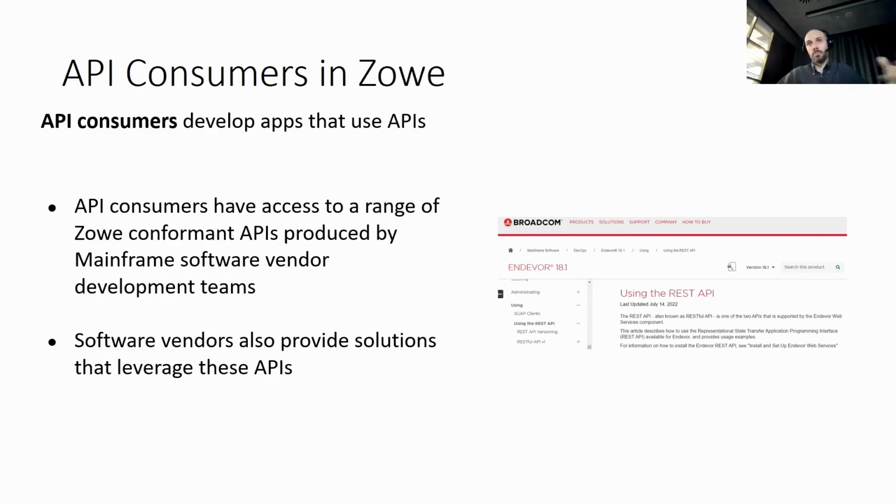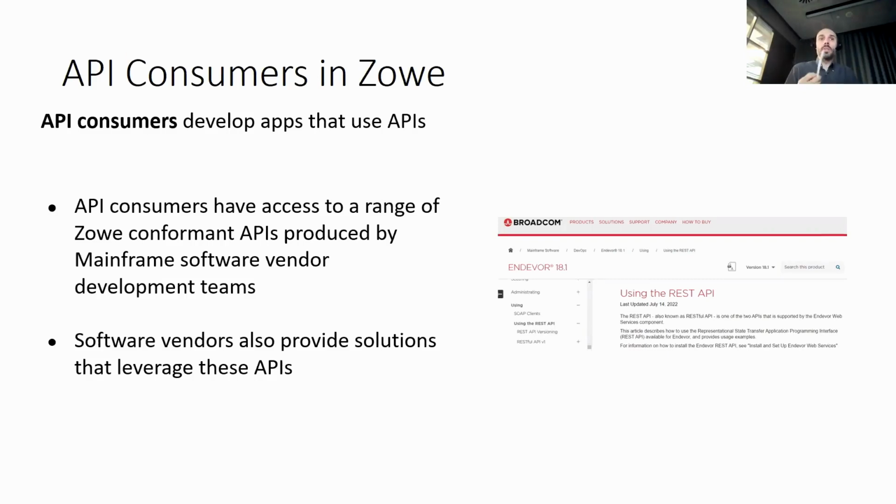And by the way, there are other vendors active in this space as well. It's just an example. Customers of these vendor solutions can consume the APIs that they're producing to modernize and automate their own internal applications. So what I'll do later is go through a few use cases to give you some real world examples of how that's being done.